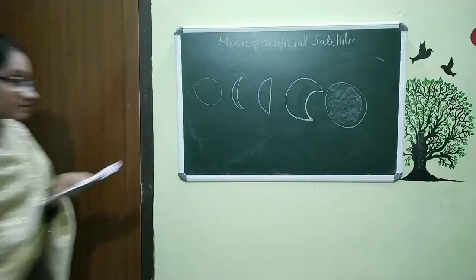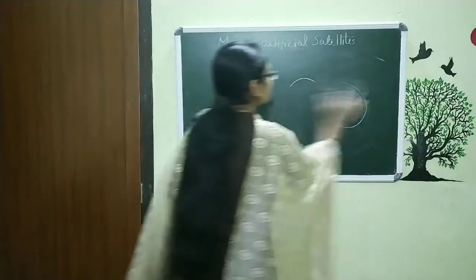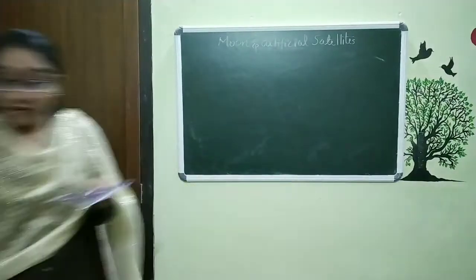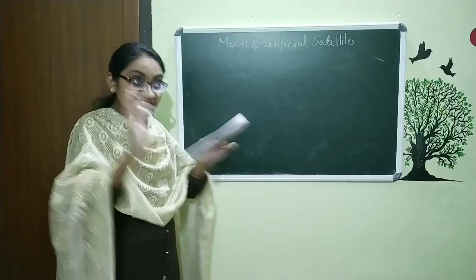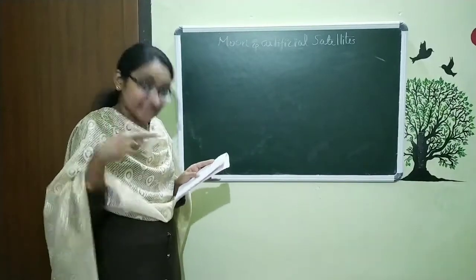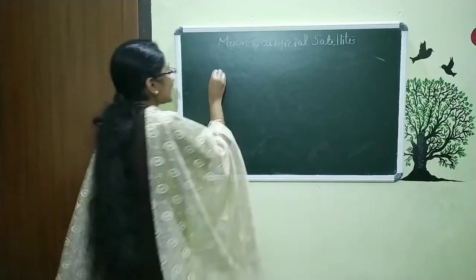And two terms you want to study in this region are these. When the size of the moon is getting increased, that means the light coming from the moon is getting increased, we call it waxing.